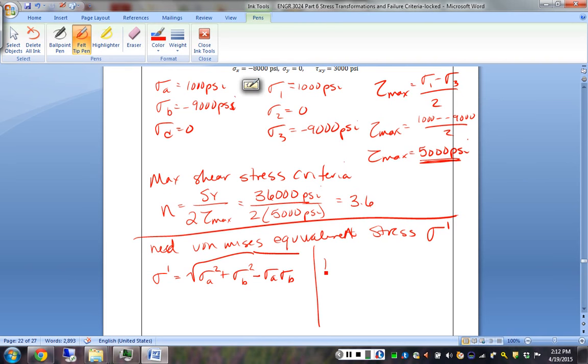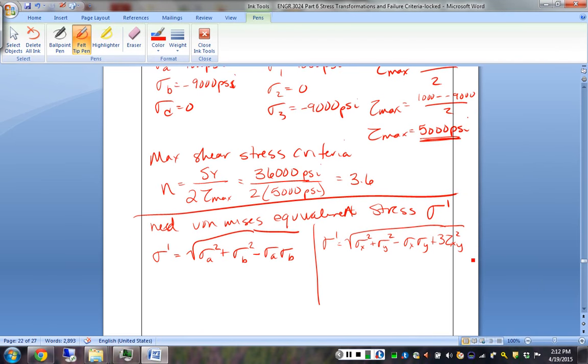Or you can use the values from the arbitrary stress state: sigma prime squared equals sigma x squared plus sigma y squared minus a product term plus 3 times the shear squared.